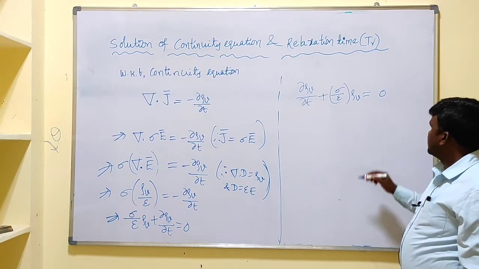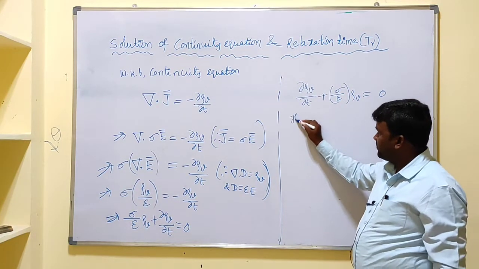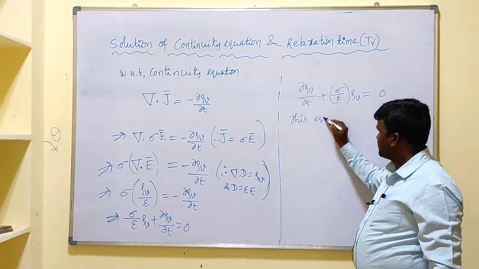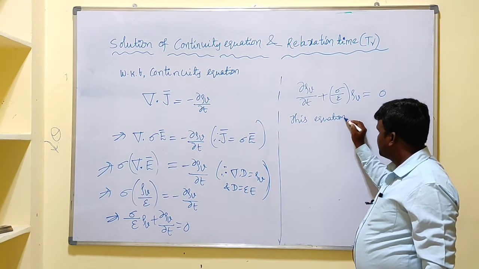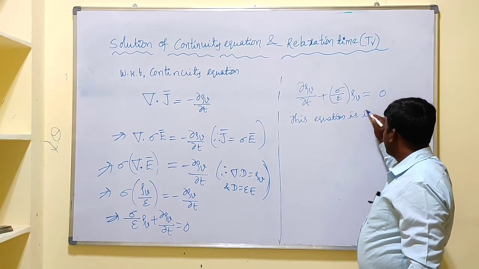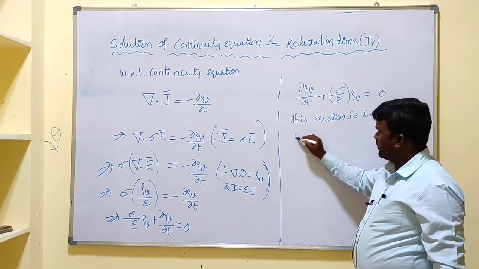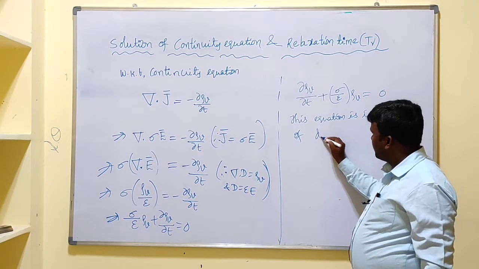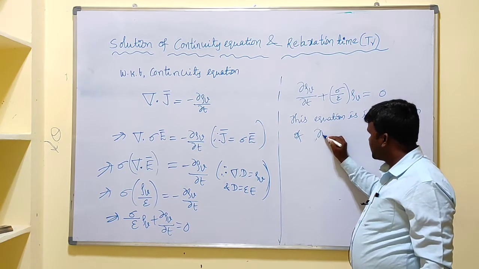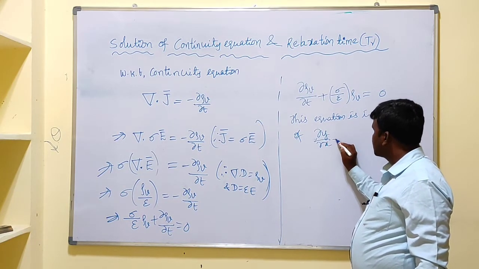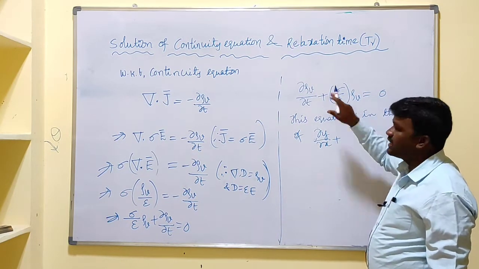This equation is in the form of dou y by dou x plus k y equal to 0.